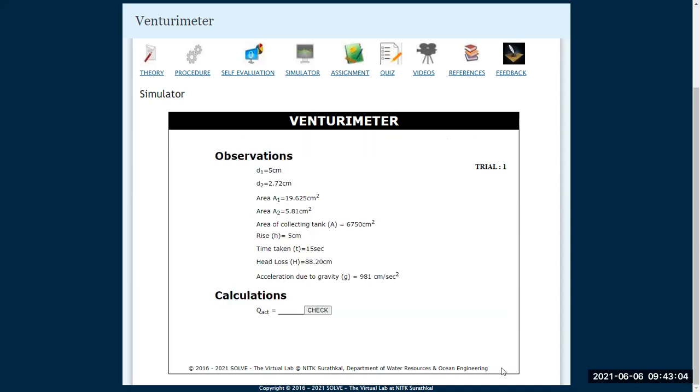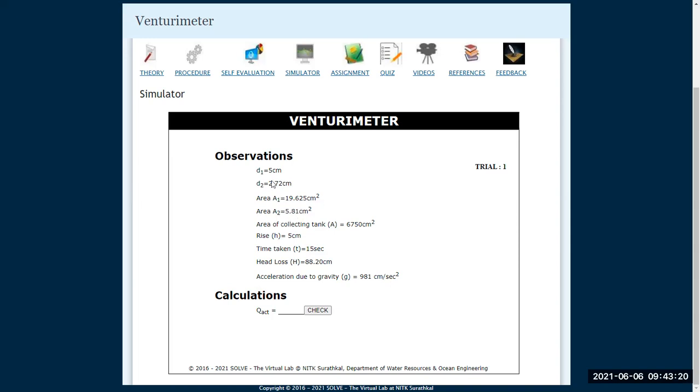After recording the time, next comes the observation for the first trial. We have recorded diameters D1, D2, and A1, A2; from D1 and D2 you get A1 and A2, that is pi d square by 4.